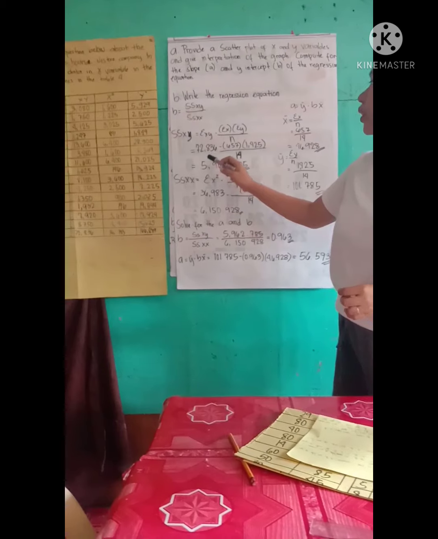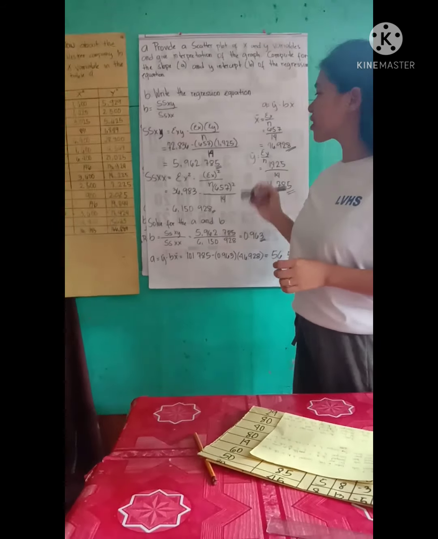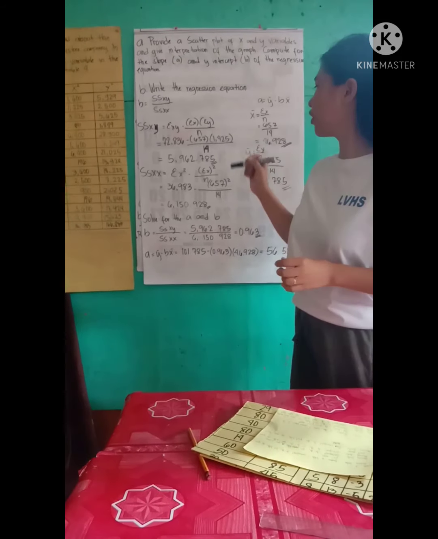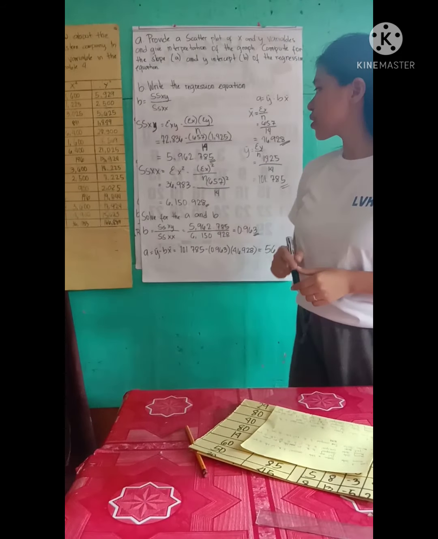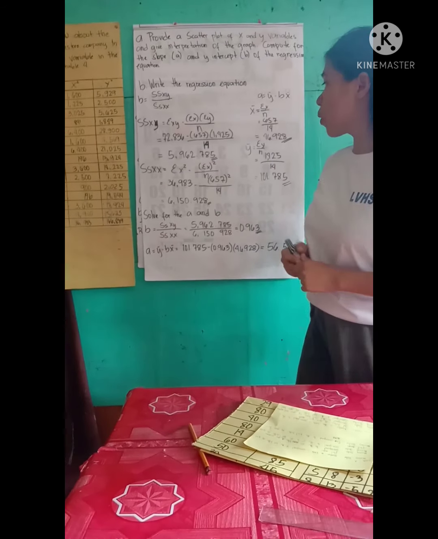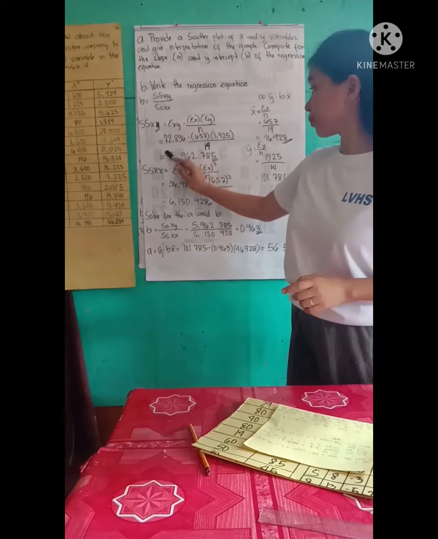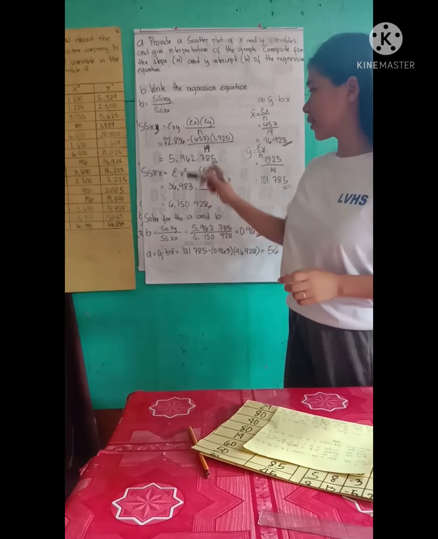So 72,836 minus 657 times 1,425 divided by 14 is equal to 5,962.785. So this is the value of our summation of square xy.